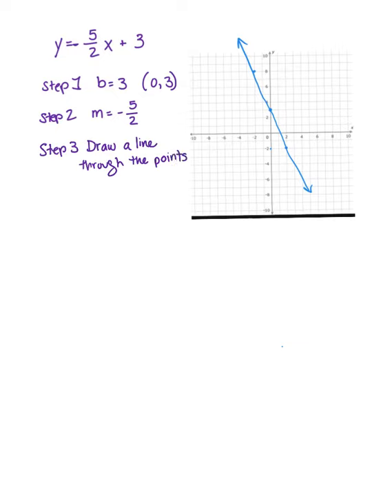Okay, so we have our graphing using the slope intercept form. One thing I want you to write in your notes is that a line with a positive slope will rise from left to right.